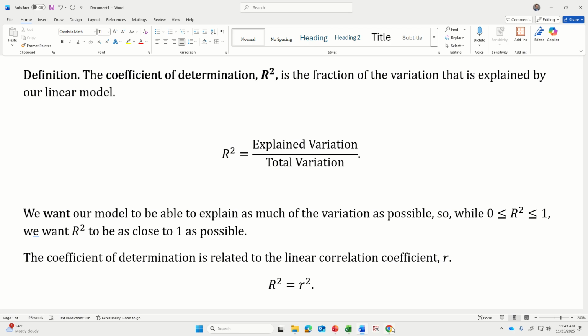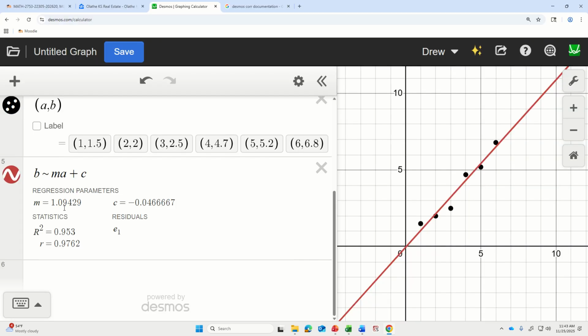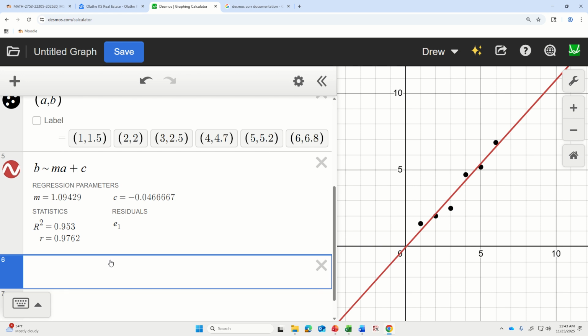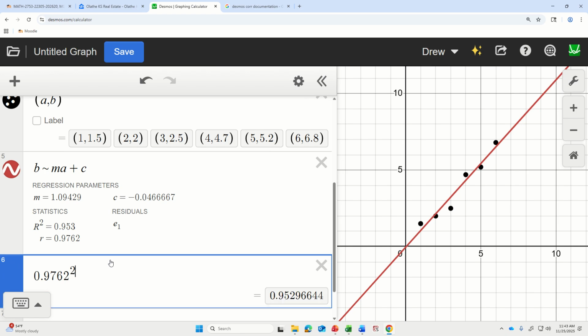Like, for example, when I switch back to Desmos here, you can tell that Desmos gives us these statistics. They give us the coefficient of determination as capital R squared and the linear correlation coefficient as lowercase r. But if I take the lowercase r number, 0.9762, and square it, it's going to give me 0.953, which is the coefficient of determination.